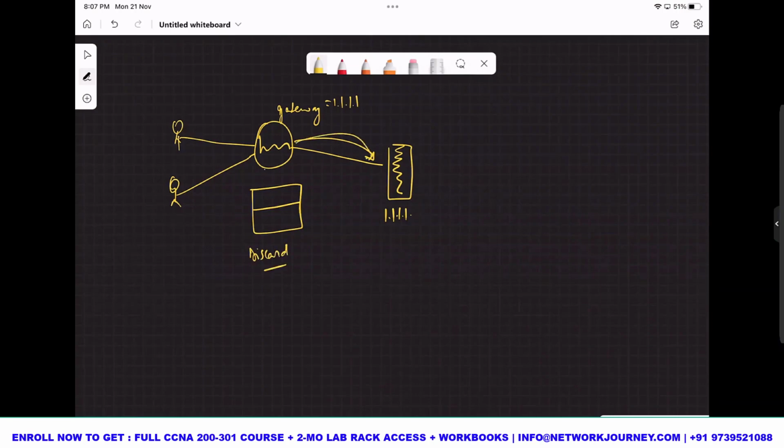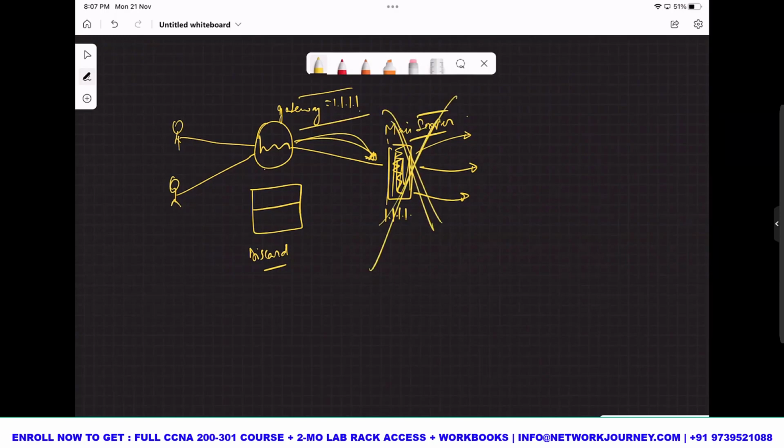Instead, we are still sending it to the next person, who might know how to reach that destination. Maybe this is your main server, which is exposed to a lot of destinations. So we can set a gateway instead of dropping. If this is not set and you receive some unknown traffic, it will just be dropped at this point itself. Just to avoid that, we keep a gateway.